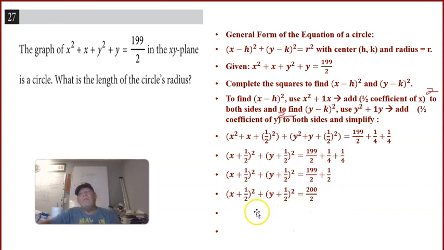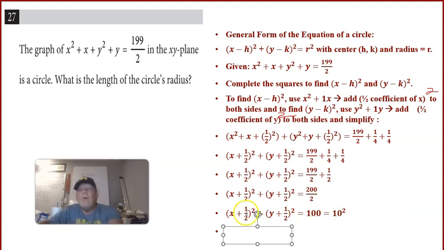And then 200 over 2 is 100. So here I've got my center, negative 1/2, negative 1/2. Here is going to be the radius whenever you rewrite that as 10 squared. So you notice that this is an r squared up here in our standard formula.